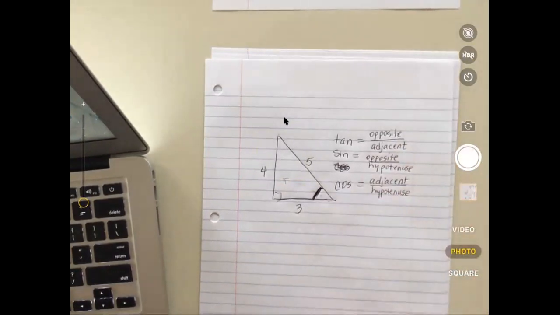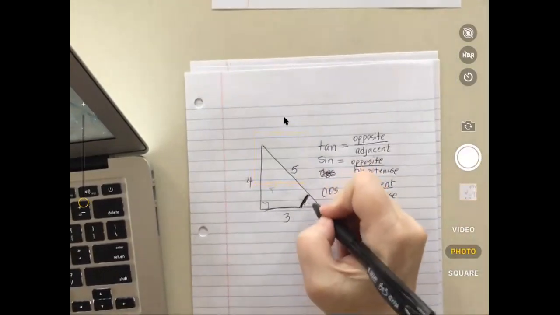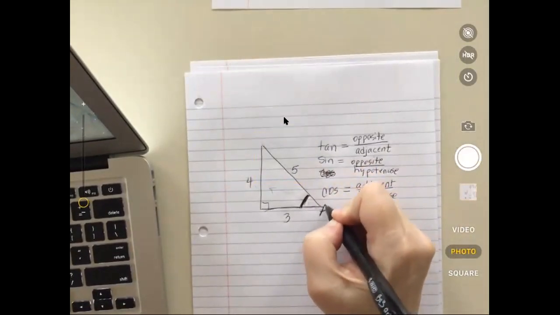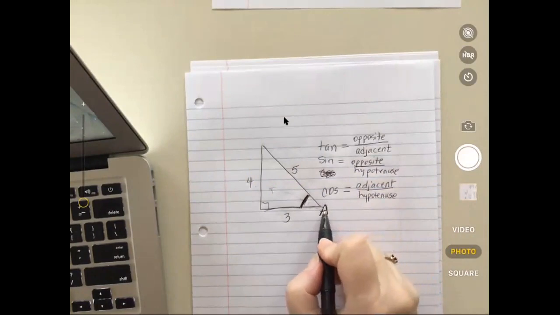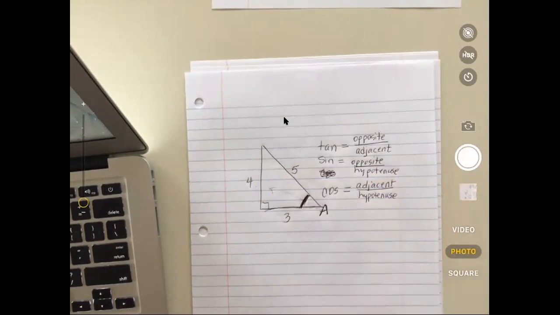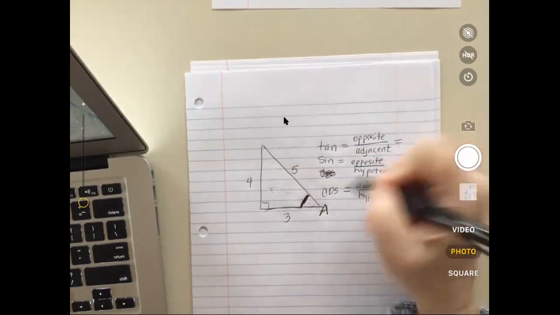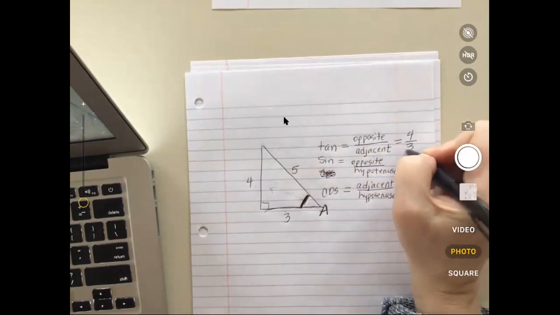So in this triangle that I drew, I'll just call it angle A to give it a name. For angle A, the tangent is the opposite side, 4, over the adjacent side, 3. It'd be 4 over 3.